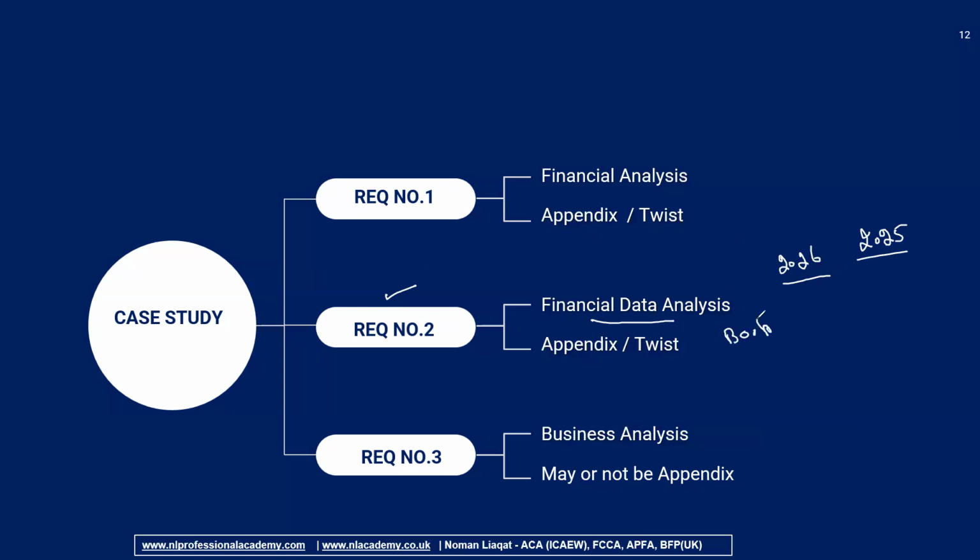Let's suppose the volume in 2025: 1.5 million books were sold. In 2026, we are predicting 2.5 million books would be sold. And let's say the selling price was £5 on average, and here we are talking about the selling price being increased to £8 per book.